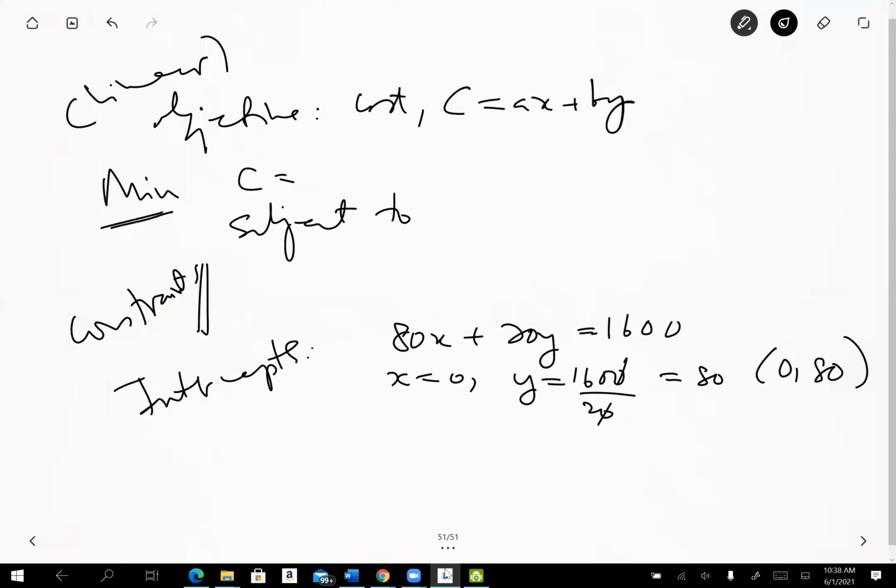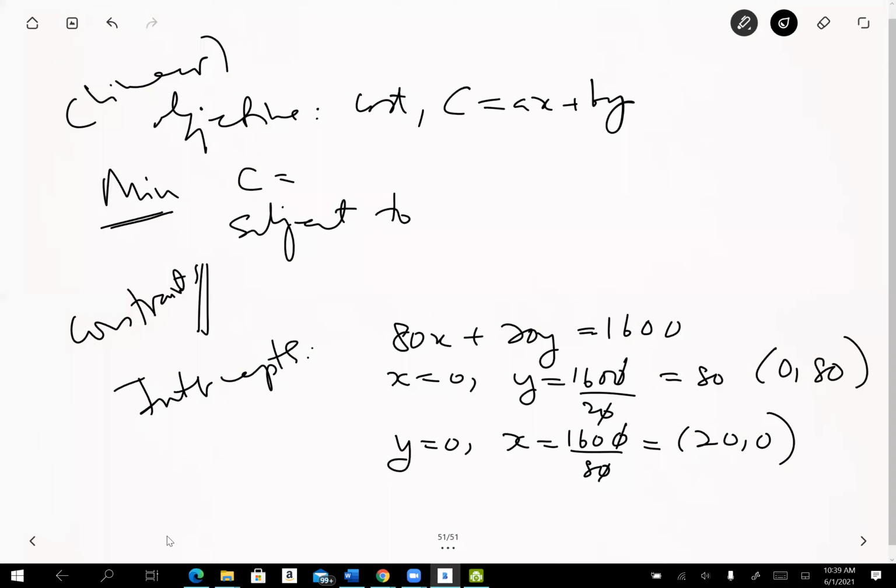Okay? And then you want to find the x-intercept, y equal to 0. You will see x equal to 1600 divided by 80, so that will be equal to 20, 0. So you do every inequality, so you will get the intercepts.